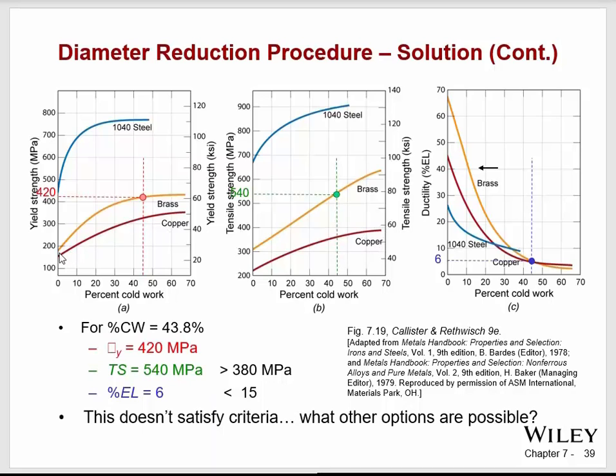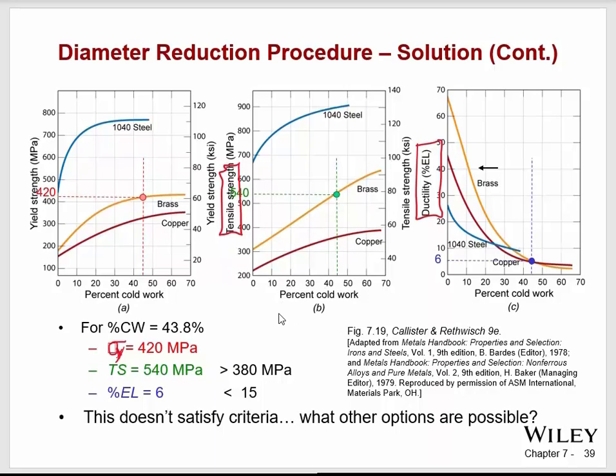Now we look at our brass curve, and we can actually use this curve to say, oops, this is supposed to say yield strength. We can use this curve to say, okay, we're interested in the tensile strength here, and we're interested in the percent elongation. So this one is just a bonus. Over here, the yield strength is a bonus. These are the two that we have to monitor.